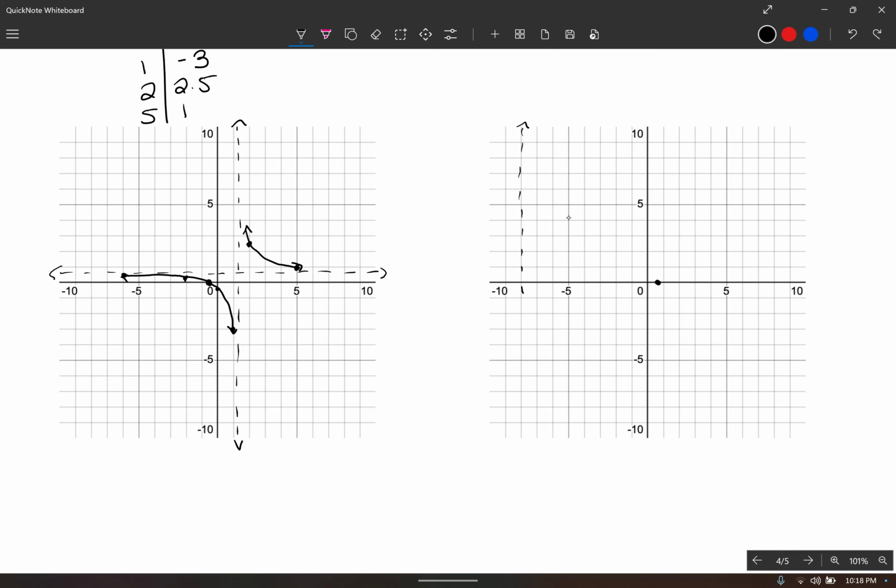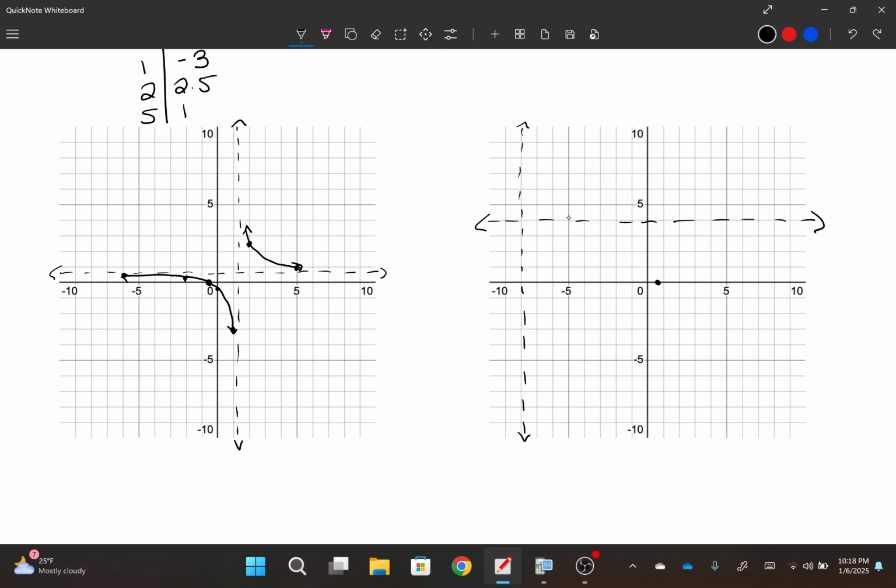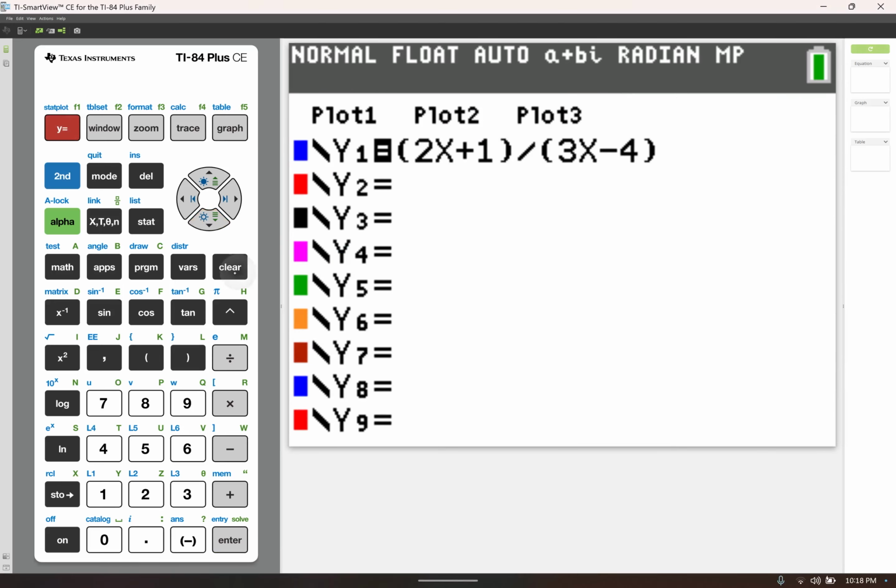So it looks like part of our graph on this one isn't going to get graphed by hand, but we will look at it in the calculator. And then I have a horizontal asymptote at y equals 4. So let's graph this and take a look at it. So we have 4x minus 3 divided by x plus 8.